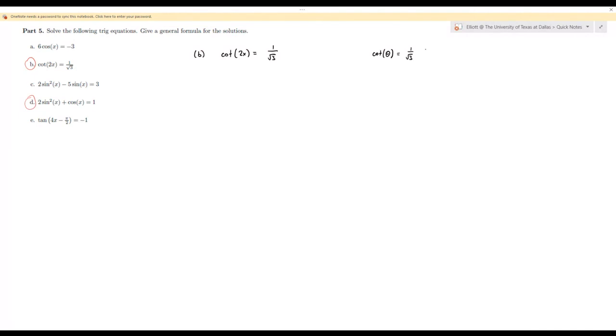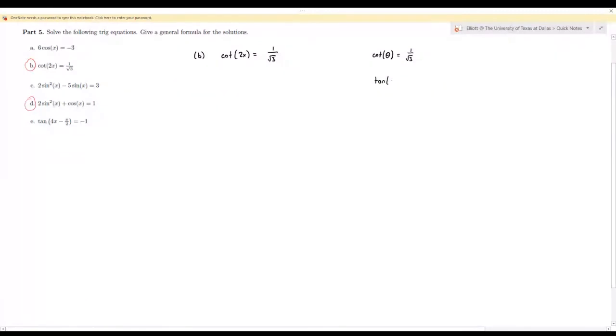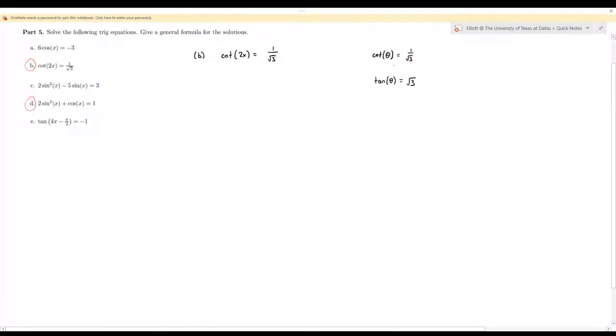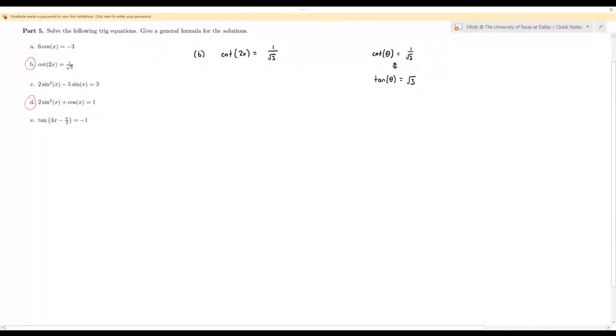You don't necessarily have to do this, but I am a little more familiar with tangent than cotangent. So let me take the reciprocal of both sides, so that tangent of theta should be equal to root 3 over 1, or just root 3, okay? I find it easier to think in terms of tangent personally.